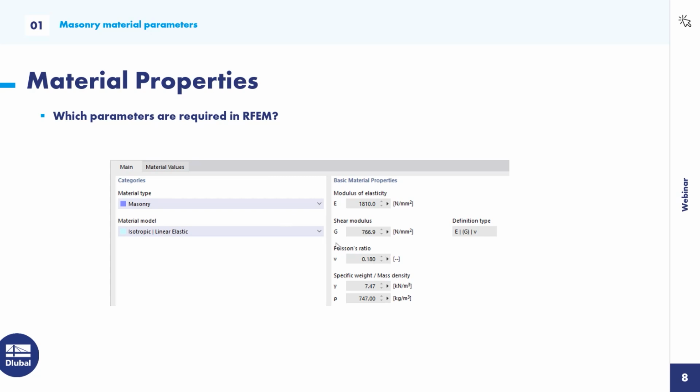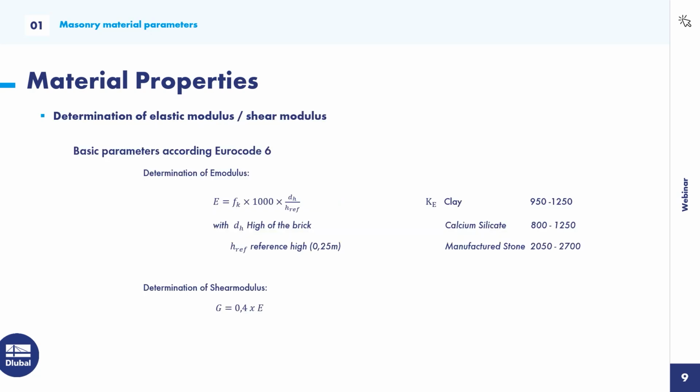This is everything we need for the first step. So how could we get an idea about this elastic modulus and shear modulus? Here we find an answer in the Eurocode.